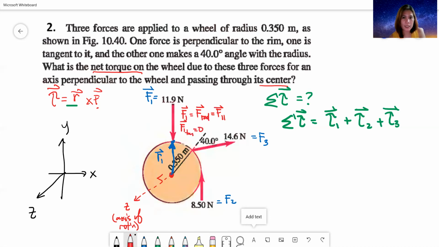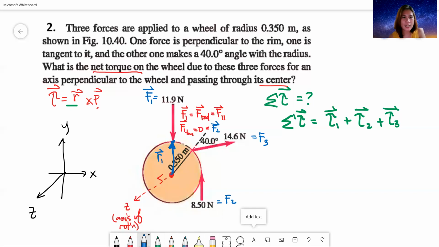Sorry, this one is F along the radius, so that's F rad, F parallel, and then F perpendicular is also 0.